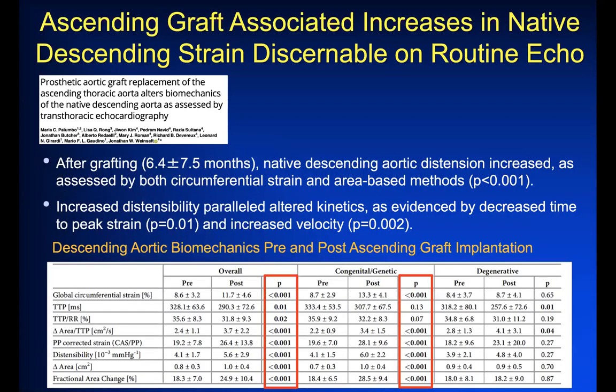Here again, we can see that after grafting, with a mean follow-up of 6.4 plus or minus 7.5 months, native descending aortic distension increased, as assessed both by circumferential strain and change in fractional area. That increased distensibility in the native descending aorta paralleled altered kinetics, as evidenced by decreased time to peak strain and increased flow velocity.